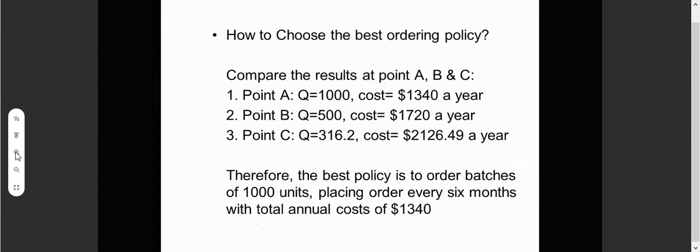So we have 3 points of total cost here: quantity at 1000, quantity at 500, and quantity at 316.2. And the lowest total cost belongs to point A with the total cost of 1340.